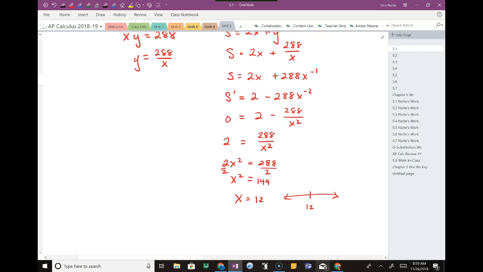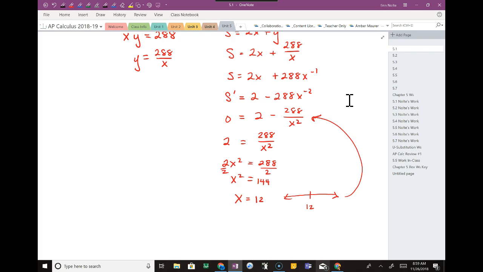Now remember that we're testing this on our first derivative. If I plug a value less than 12, such as 0, into my first derivative, do I get a positive or a negative number? Negative. Well, you can't use 0, actually. For starters, you can't use 0, my bad.